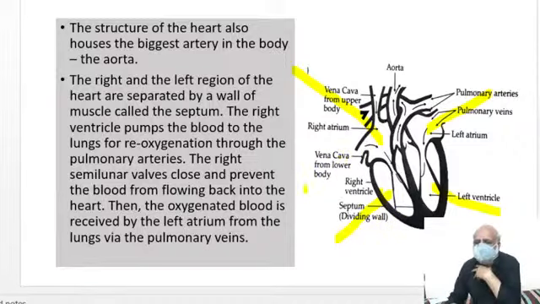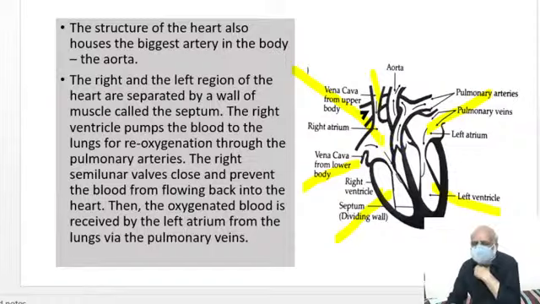Now, blood comes from the lower part and upper part. The veins are known as vena cava. The upper one is superior vena cava. The lower one is inferior vena cava, and they dump the blood in the right atrium.